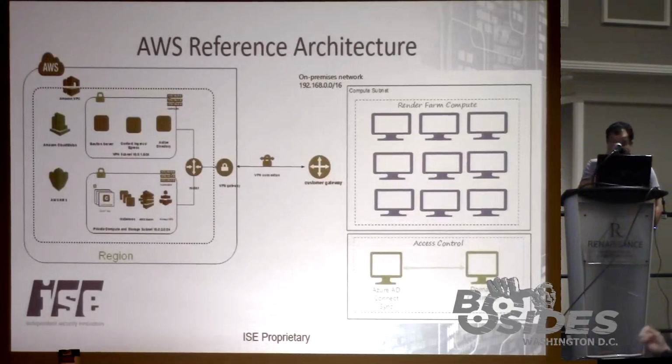And finally, we have the AWS reference architecture, which is a little different, but the idea is similar: you have your regions, you have your different subnets, and you want to make sure that access to the keys and access to the Key Manager is through some kind of DMZ zone.